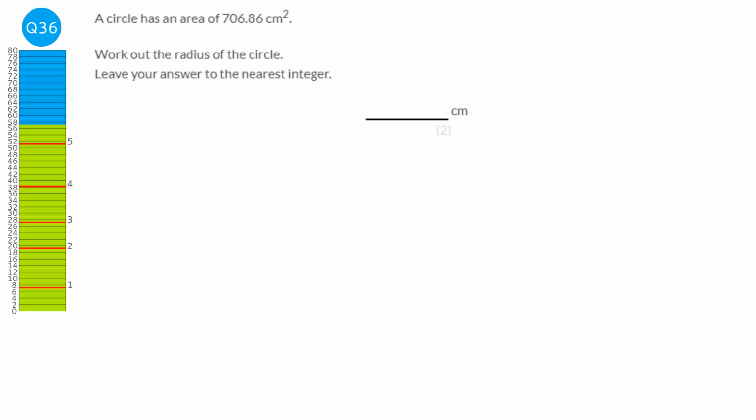The formula for the area of a circle is area equals pi times r squared. Now in this question we're given what the area is, which is 706.86. And we need to find out what the radius is. So I'm going to get my lines in.